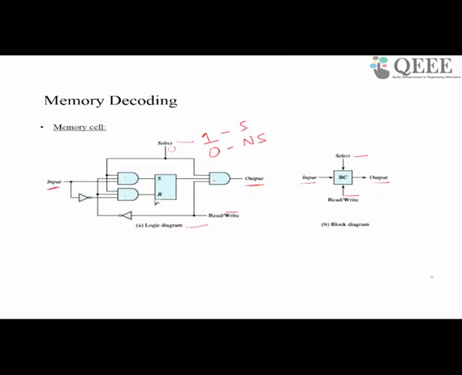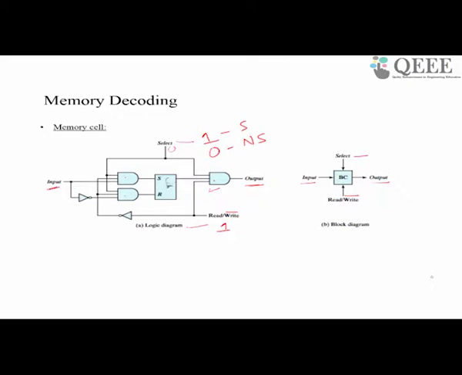Now let us see, under this condition, when the bit cell is being selected, what happens when the read bar write bar is 1. When R bar write bar is 1, then this cell is enabled, because this line will enable this.